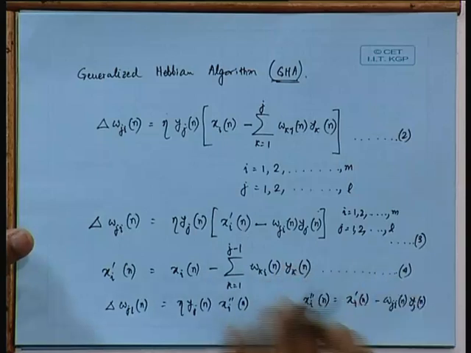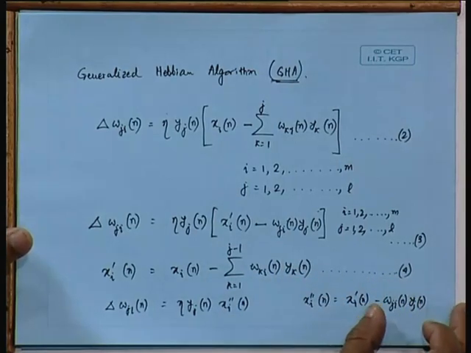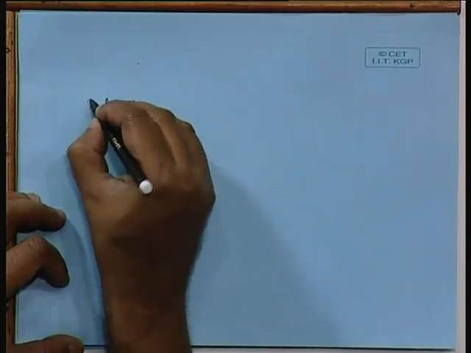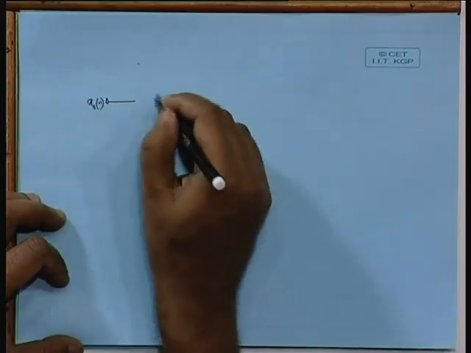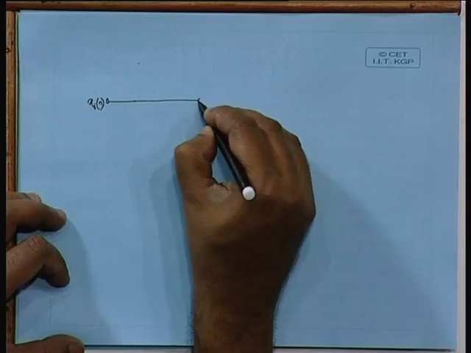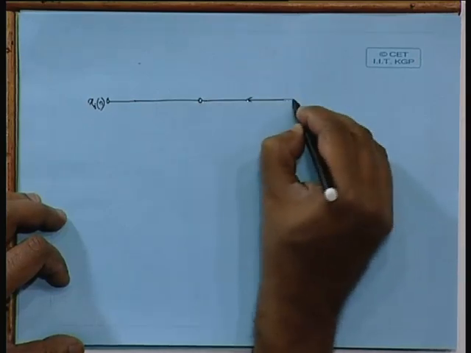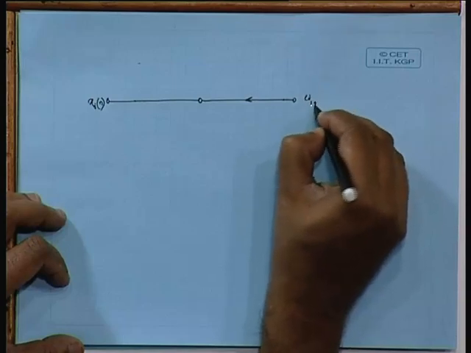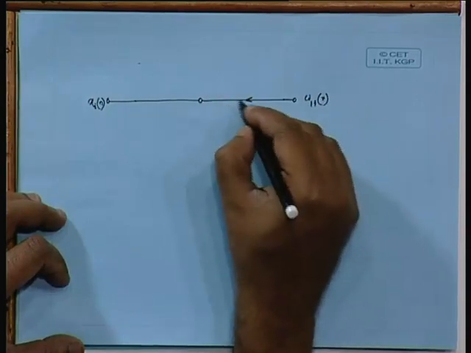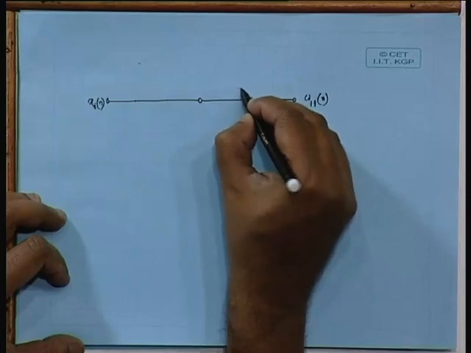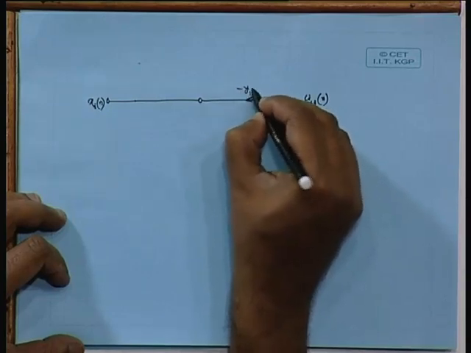We can represent equation 4 in the form of a signal flow graph, which would look like this. We take xi of n, and from here we first subtract the term w1i of n multiplied by minus y1 n.